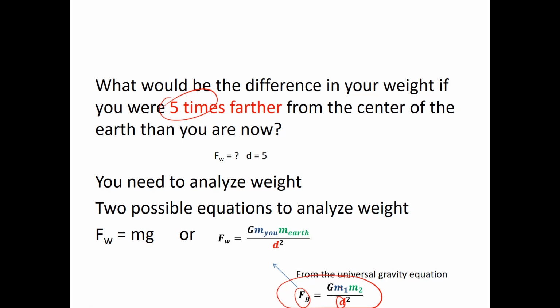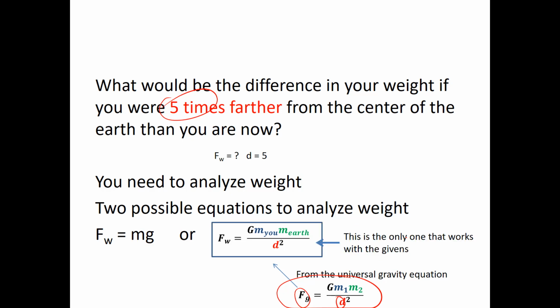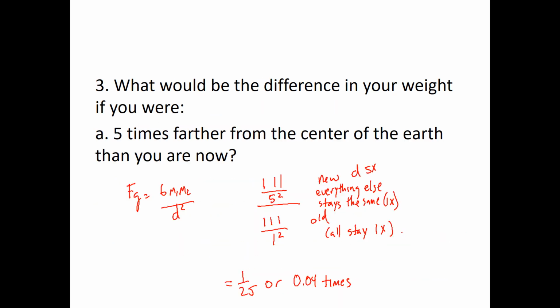And I don't know anything about m1 or m2, but I know that G is going to be exactly the same number. It would have been 6.67 times 10 to the negative 11th, except in this law of ones, whatever you want to call it, it's setting up a ratio to figure out how things are going to change later on. And so I'm just going to jump to the answer. When you set up a ratio like this, you figure out what equation you're going to use.